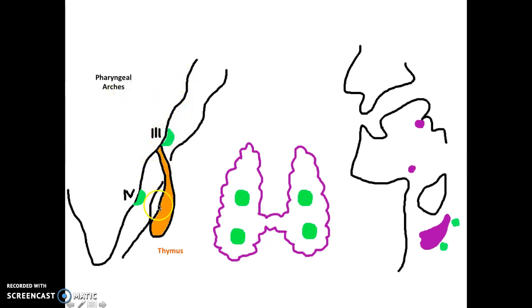I put the thymus here for a little bit of orientation, even though it's going to be way down by the heart, but we'll talk about why that's relevant in a second. Basically the third pharyngeal arch will travel down pretty far and become the inferior parathyroid gland, whereas the fourth pharyngeal arch will become the superior parathyroid glands.